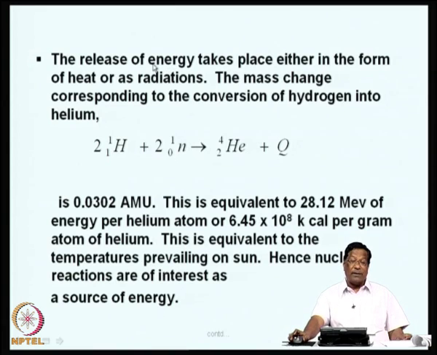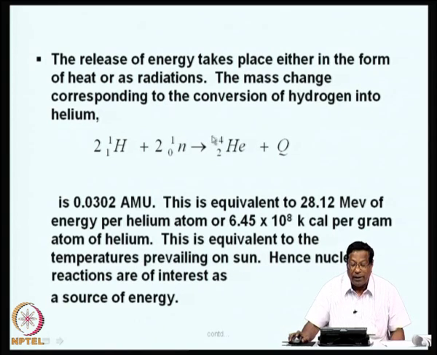The mass change corresponding to the conversion of hydrogen into helium is represented like this. We have 2 hydrogens with 1 proton and 1 neutron, and then 2 neutrons with 1 atomic mass unit and 0 charge.